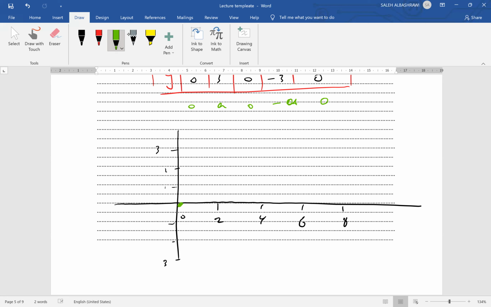When x equals 2, I will have 3. Then it is 0 again. If it is 6, it will be minus 3. And 8. So the graph will be like this. So this is the graph of the function y equals 3 sine pi over 4 x.